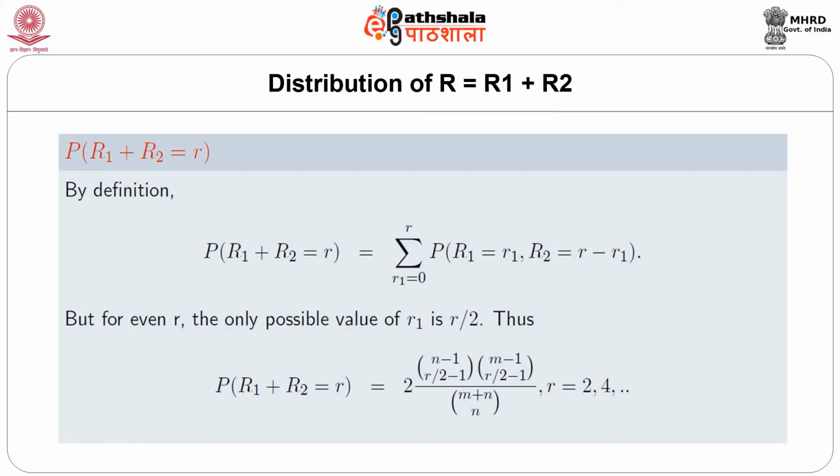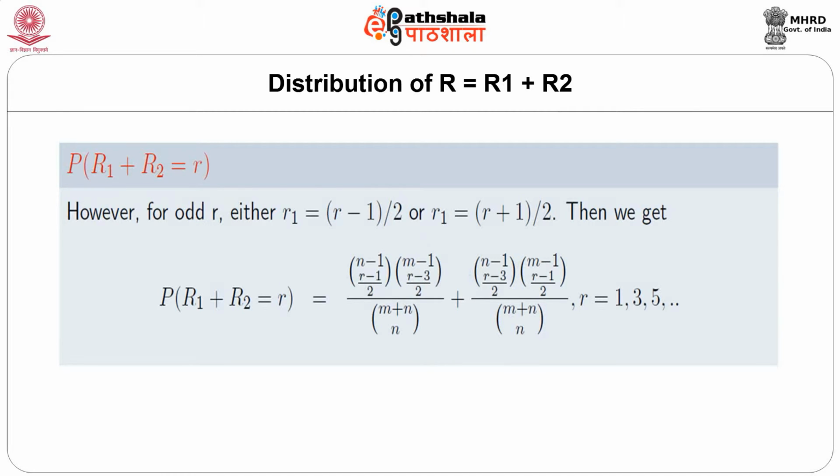But for even r, the only possible value of r1 is r by 2. Thus, this probability comes out as twice n minus 1 choose r by 2 minus 1 multiplied by m minus 1 choose r by 2 minus 1, divided by m plus n choose n, where r takes the values 2, 4, and so on.